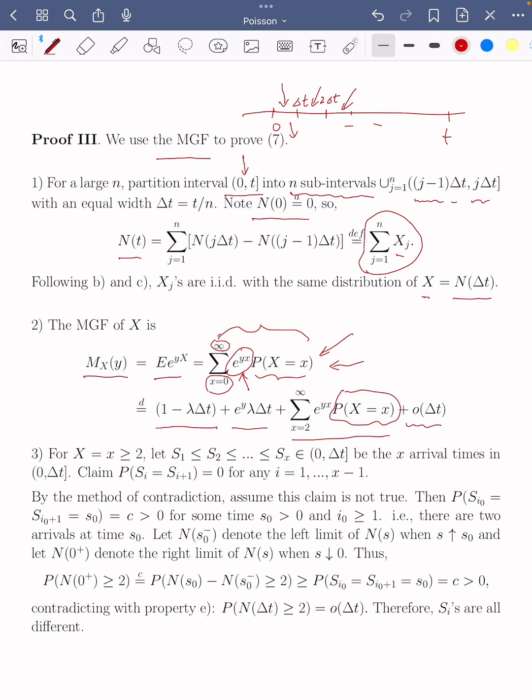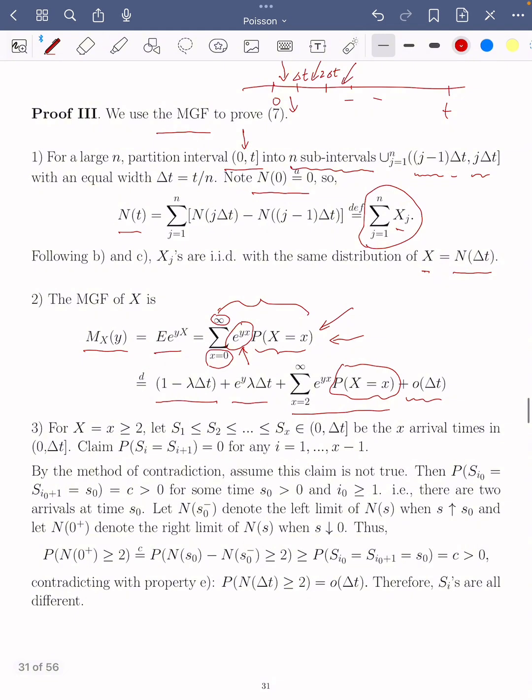To achieve this, for the event that x equals lowercase x, which is bigger than or equal to 2, we define S1, S2, up to S sub x, belonging to the interval from 0 to delta t, to be the arrival times in the interval from 0 to delta t.